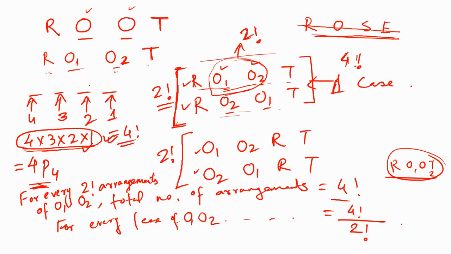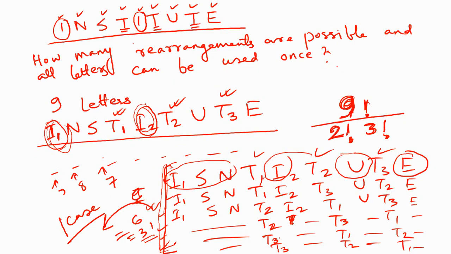Then I discussed a similar problem where two letters are the same, so we also divided by 2 factorial. Nonetheless it's a four letter word, so it can be rearranged first in 4 factorial ways, and since these two are the same, it is divided by 2 factorial.